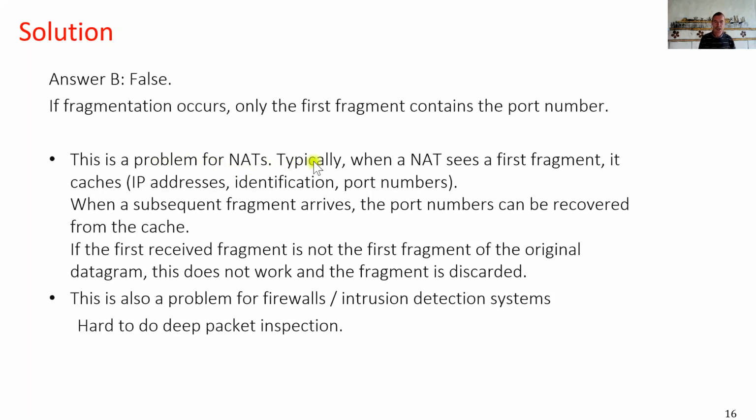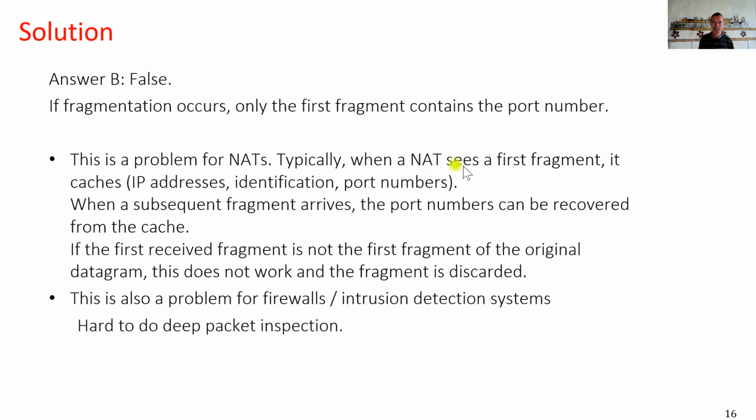That's an example. Now, if you buy a NAT from your provider, or if you receive it from your provider, of course, it will take care of that. So what NATs do today is, first, they will assume that the fragments arrive in the correct order, so that the first fragment is always seen first, which is probably true for your local area network at home.